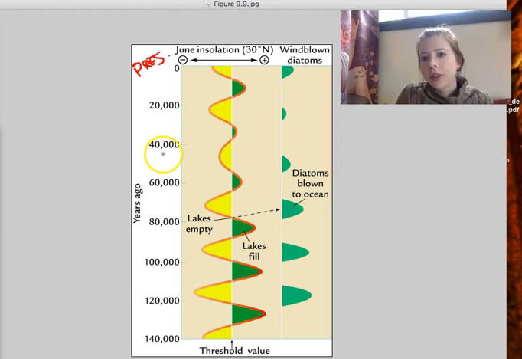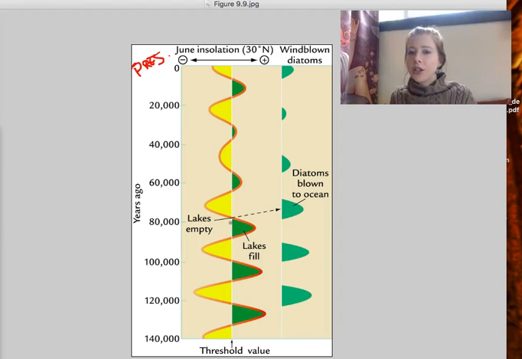Now, we have marked this threshold value right here. So anything that is below the threshold value is colored in yellow. Everything above the threshold value is colored in green. And in this case, what the threshold represents are the conditions with which either the monsoons will be too weak to fill the lakes completely, or they're strong enough to fill the lake.